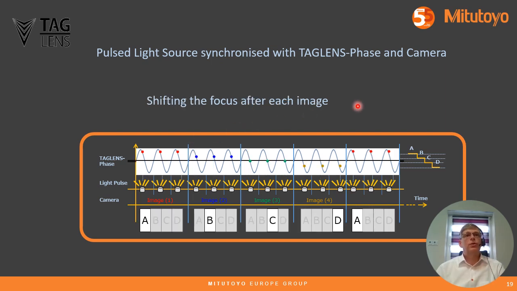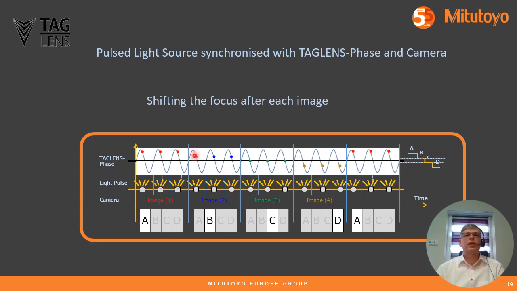Another mode using a pulsed light source with the TAG lens is shifting the focus after each image. So we capture a camera image where we pulse at a specific layer where our position A is in focus.